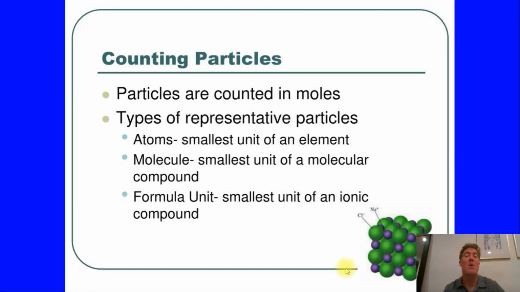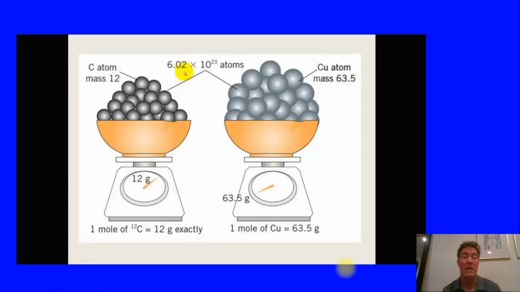So we can count particles in moles, and by that we are counting the representative particles. So if we're talking about atoms, that's the smallest unit of an element, or we can talk about molecules, which is the smallest unit of a molecular compound, or we can talk about formula units, the smallest unit of an ionic compound. In all those cases, we count by weight.